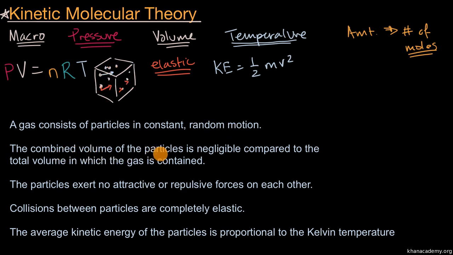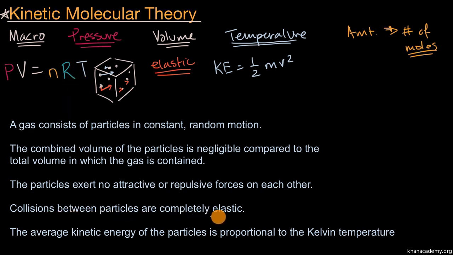The combined volume of the particles is negligible compared to the total volume in which the gas is contained. That also matters when you talk about things like ideal gases, because if it stops being negligible, then you have to start thinking about the repulsive and attractive interactions a little bit more. The particles exert no attractive or repulsive forces on each other, and that builds into the last point I just made, which is if they did, then we're getting closer to being a less than ideal gas, and we'll talk about that in other videos.